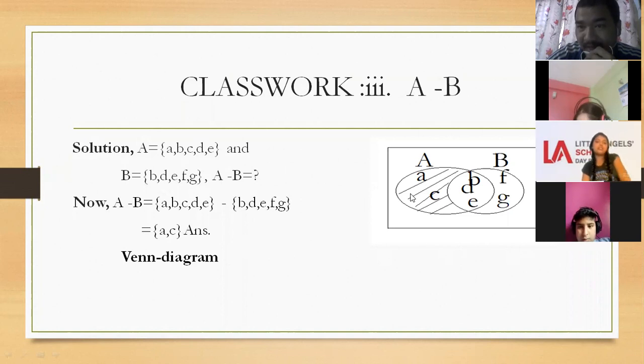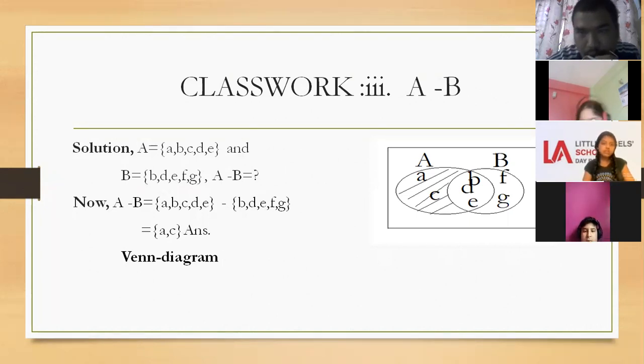Yes, very good. A and C were the remaining elements of set A. That's why this part will be shaded. Are you clear, children, about it? Yes. Okay, very good.